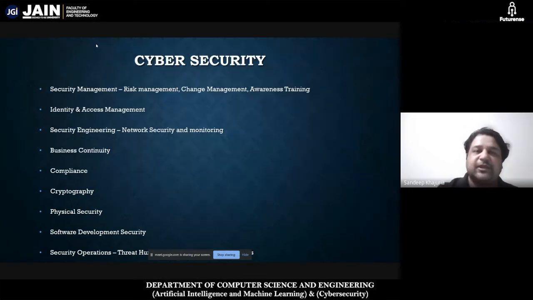Now, the other very interesting domain from which we are going to learn something is identity and access management. When we talk about identity, we'll learn in the coming slides. There is some identity established when you join an organization or a group, or for that matter, even at your personal level.